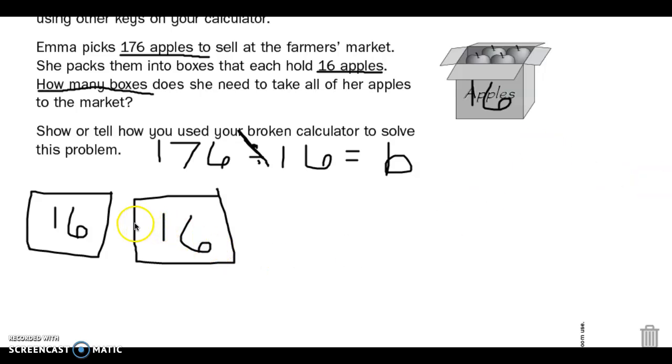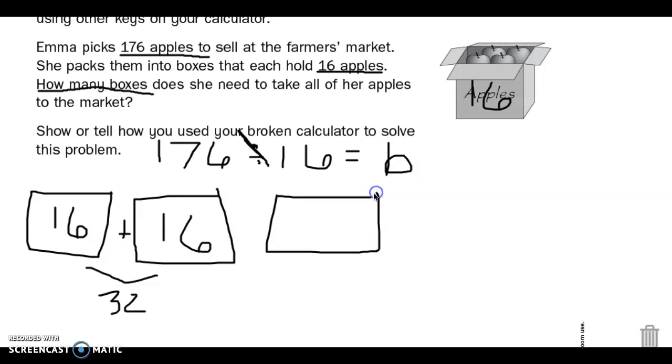I would have to keep adding my boxes together. So 16 plus 16 is 32. Let's see, I'm not at 176 yet, so I have to keep adding. And 32 plus 16 is 48. Am I at 176 yet? No, I'd have to keep adding.